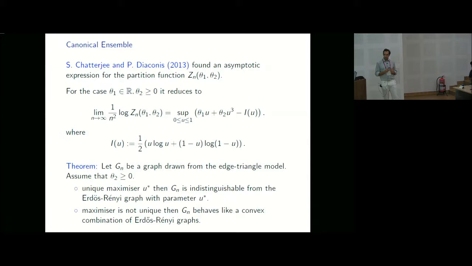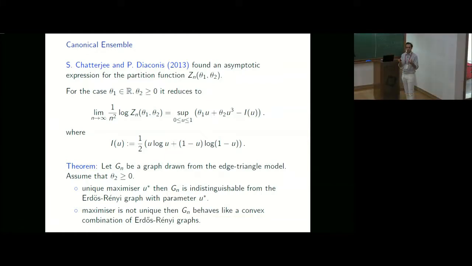They have this theorem: if this has a unique maximizer, then you have Erdős-Rényi behavior with this parameter. Otherwise, you have a convex combination of Erdős-Rényi graphs, in the sense that it's Erdős-Rényi but with a random parameter chosen at random from the maximizers of this quantity. But in any case, they managed to identify the structure of these graphs in terms of Erdős-Rényi.